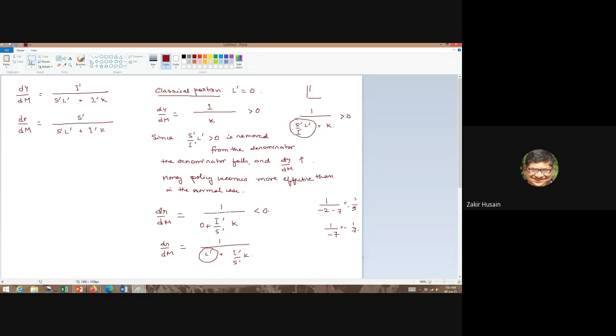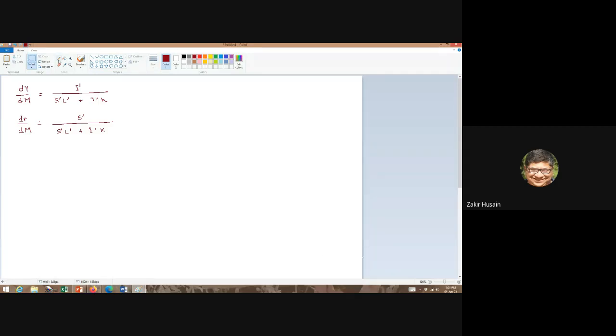Okay, now let's go to the other extreme, the Keynesian case. If we go to the Keynesian case, the Keynesian liquidity trap, this is infinite.